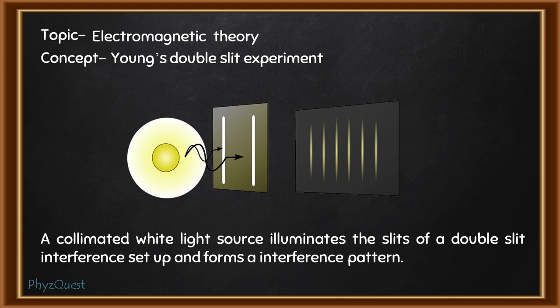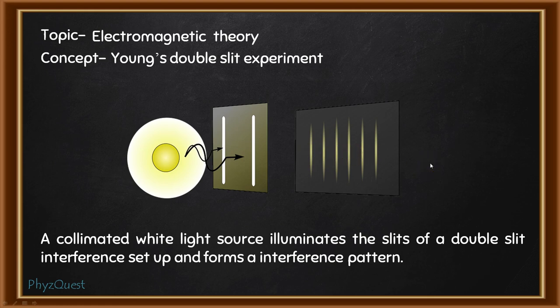So due to the path difference, in the fringes on either side of the central fringe, color fringes will be observed. I'm not showing it in this video, but if this is the central fringe which is white, either side of it will be color fringes.